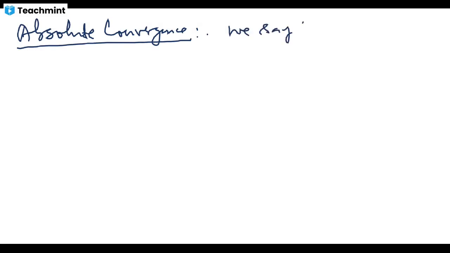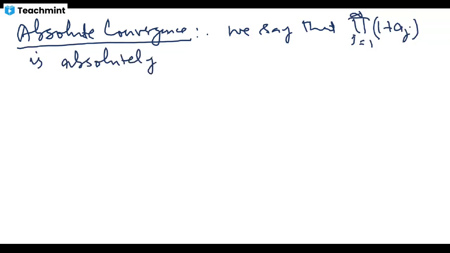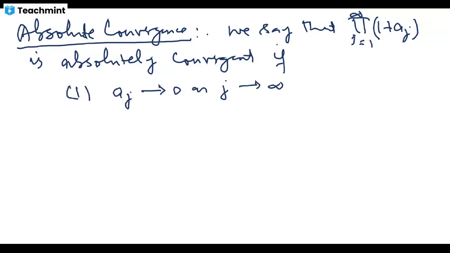We say that the infinite product 1 plus aj is absolutely convergent if we have the following situations: the limit of aj goes to 0 as j tends to infinity, and another thing is that this series of principal log of 1 plus aj must be absolutely convergent.